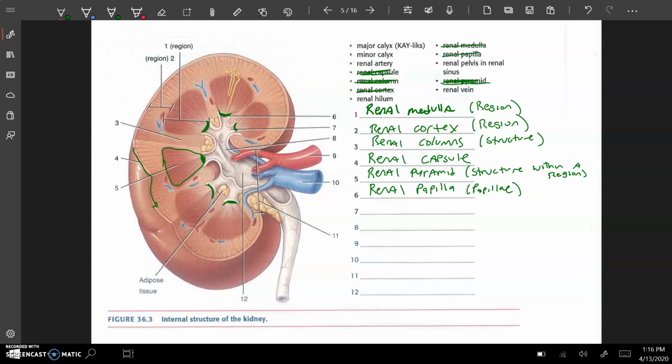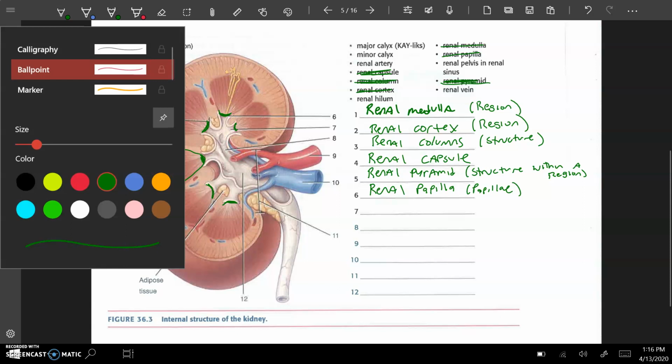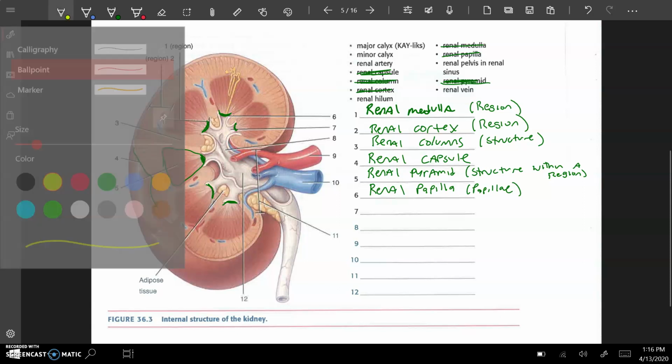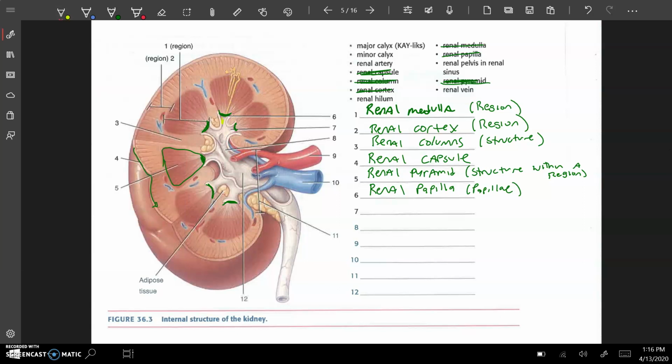If we look at what the renal papillae drain into, that's where we're going to see these little structures. I'm going to change colors here, make it a little more obvious. You have these little structures in here. Here's another one, 1, 2, 3.